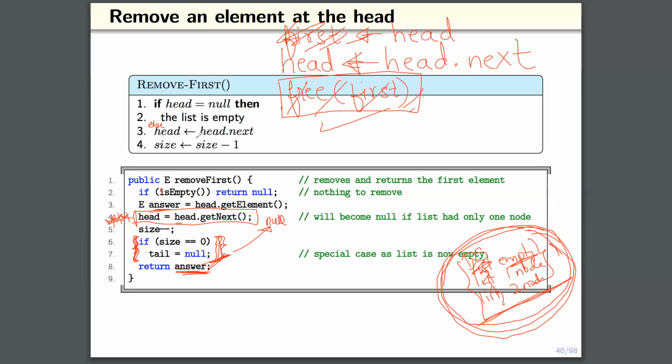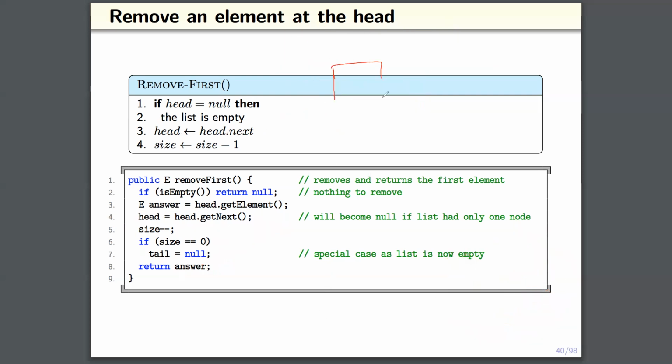For example, when you do head is equal to head dot next, let's erase all these things. Suppose this was head. When you do head is equal to head dot next, now the head pointer is here. You cannot access this in any way, so the garbage collector will take care of all this. You don't need to worry about it. Okay.